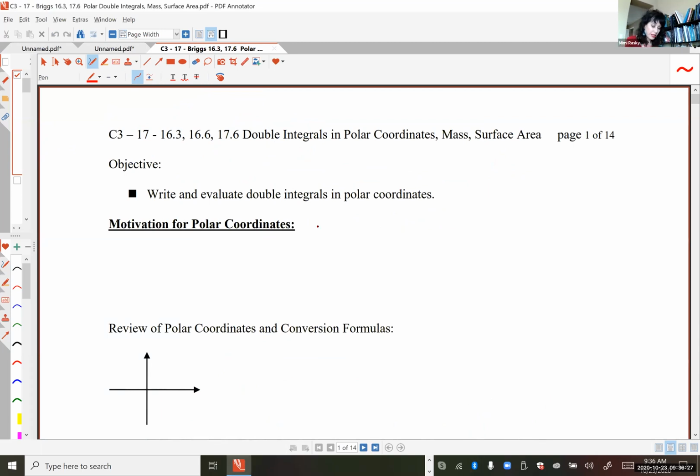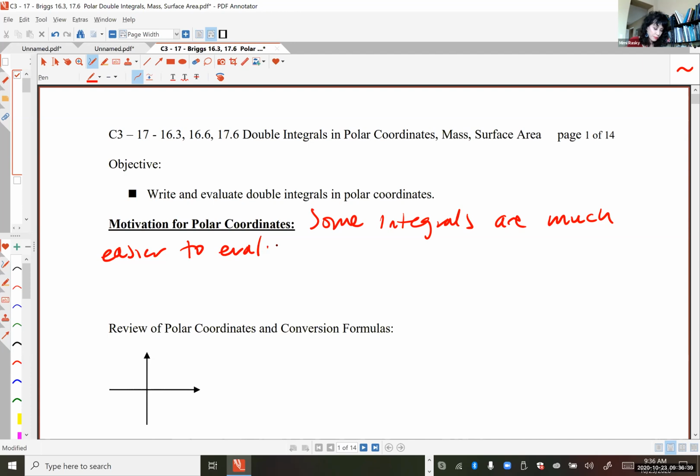So I'll write down what I just said. Some integrals are much easier to evaluate in polar form.